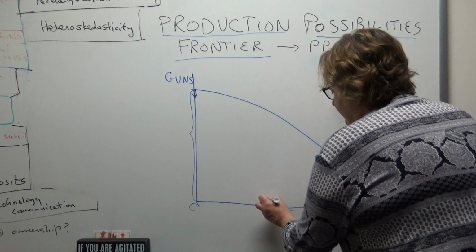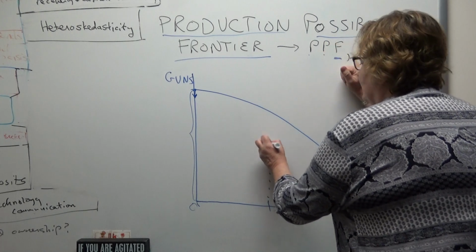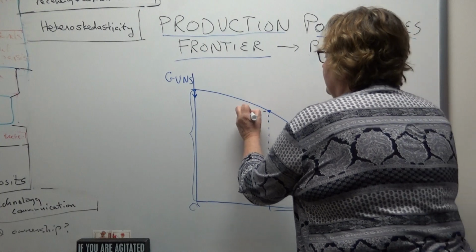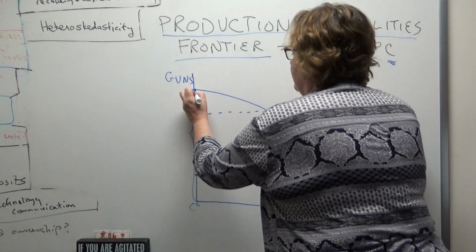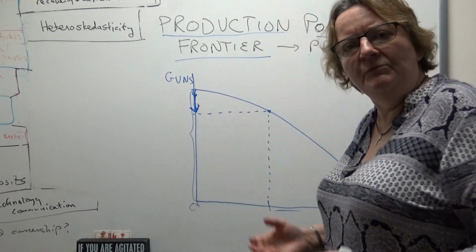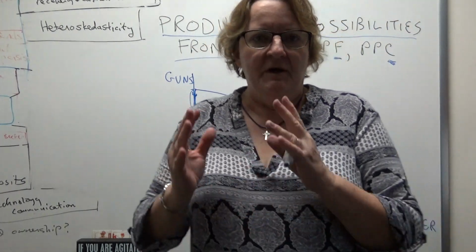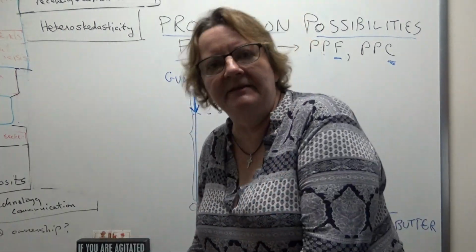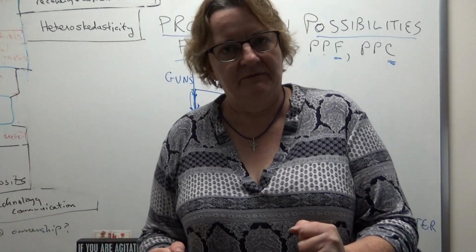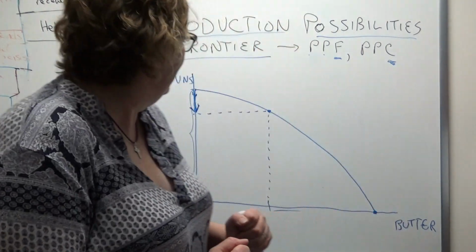But we want to produce this much consumer goods. Well, in order to do that, you're going to have to give up some guns, because we don't have enough resources to produce both the guns and the butter. We have to have trade-offs. We have to make choices. Okay?